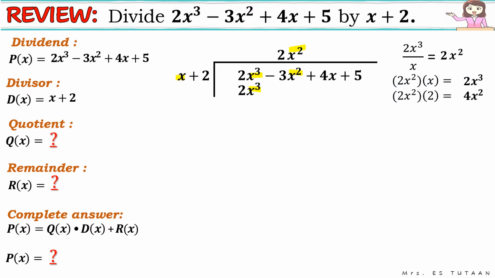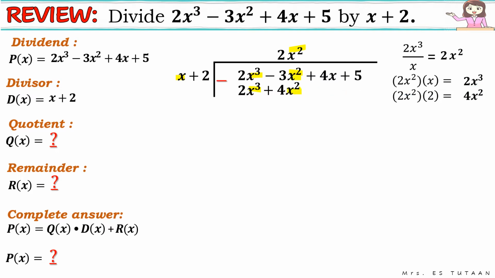And then, we will multiply again. We have 2x squared times 2. So, that will give us 4x squared. So, again, pantayin lang ulit natin dito sa parehong variable with the same exponent.